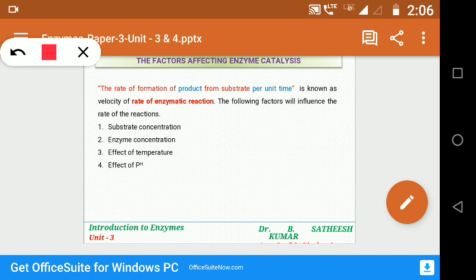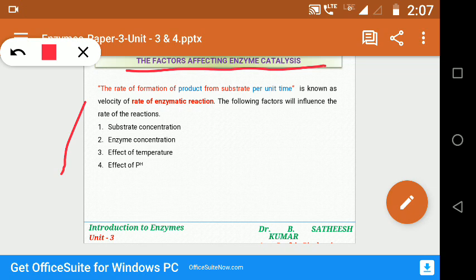First of all, we start with the first subtopic in this fourth unit, the factors which are affecting the catalytic effect of the enzyme. So that is the factors affecting enzyme catalysis. There are several factors which affect enzyme activity, and the important factors are mainly four: substrate concentration, enzyme concentration, effect of temperature and effect of pH.